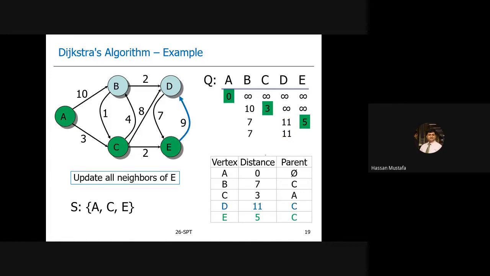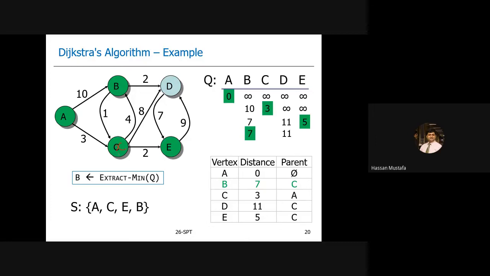Now from the remaining two vertices, D and B, the smaller cost is of B. So we would remove B from the set. The cost of B is 7, and the adjacent nodes are 7 plus 1, 8, for C, but C is already in the set of processed nodes.